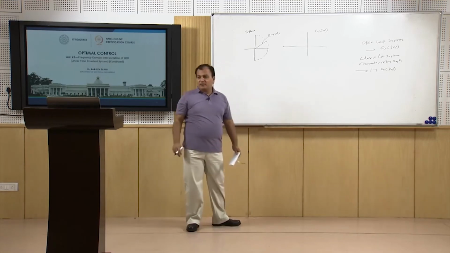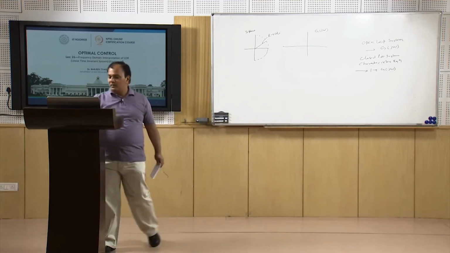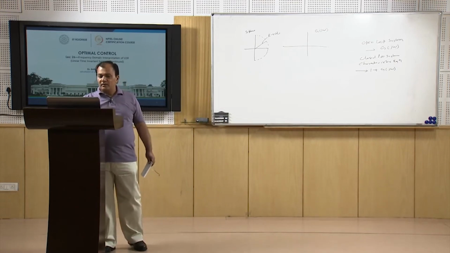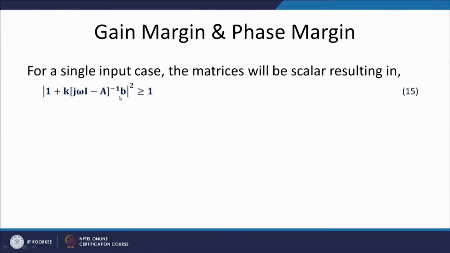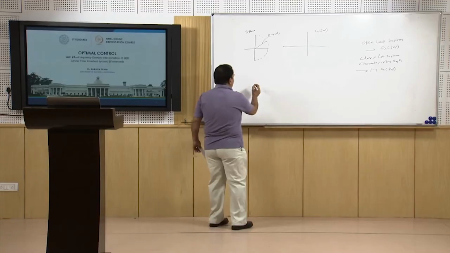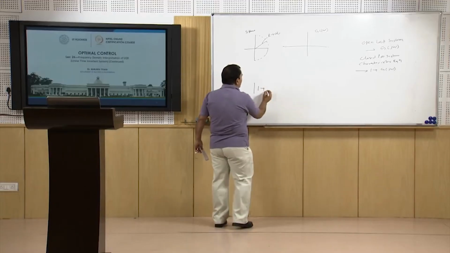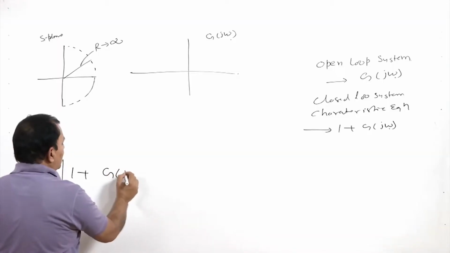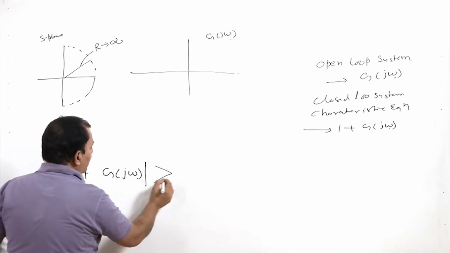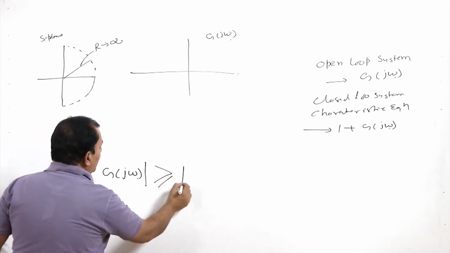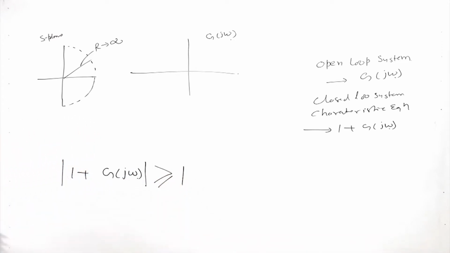For our case, our condition is |1 + G(jω)| greater than or equal to 1. What is the meaning of this?